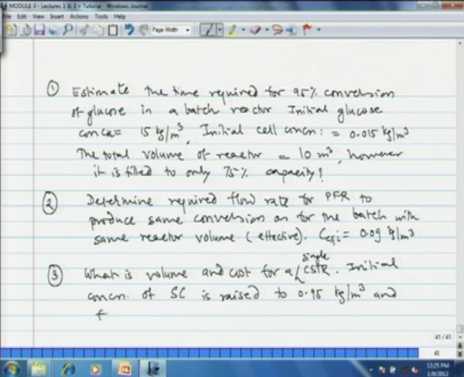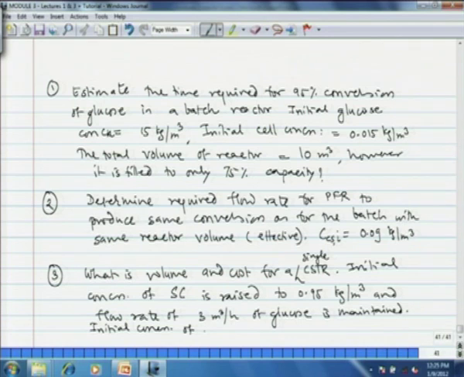And a flow rate of 3 meter cube per hour of glucose is maintained. The initial concentration of glucose is the same as before, and the conversion desired is also the same.